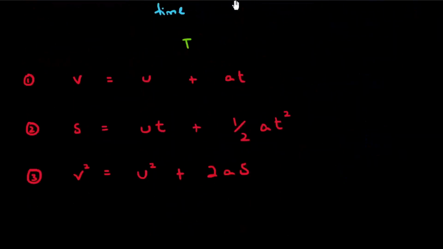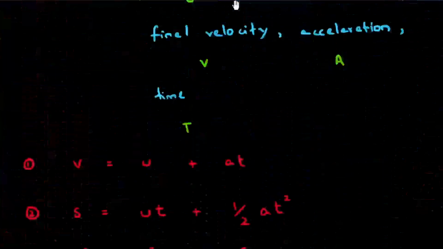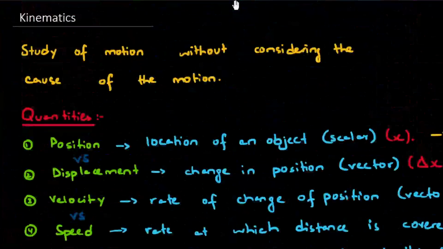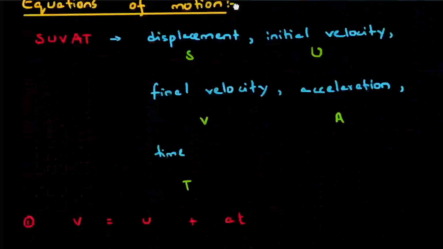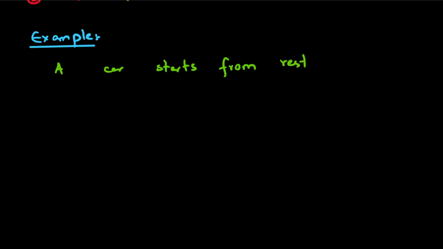These equations are very commonly used along with the formulas written up here to solve different problems associated with kinematics. For example, let's see how we can apply them. Let's assume a car starts from rest.